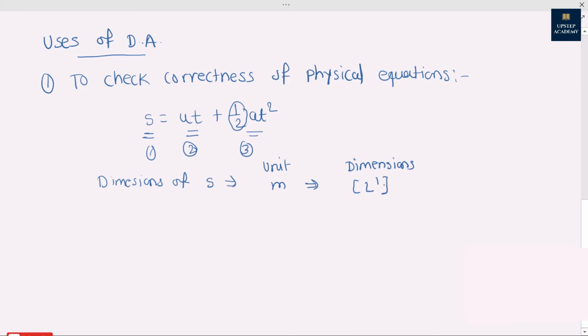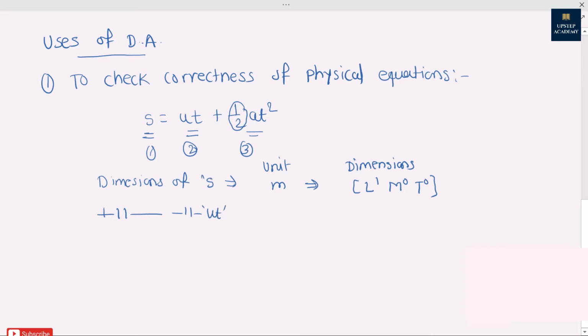We can write it this way, or we can write it like this also, M raised to 0 and T raised to 0. If there is no need of mass and time, then we can simply skip it, or we can take it, there is no problem. Dimensions of S is L raised to 1, M raised to 0 and T raised to 0. Now let's consider second term, which is ut. Dimensions of ut we will see.